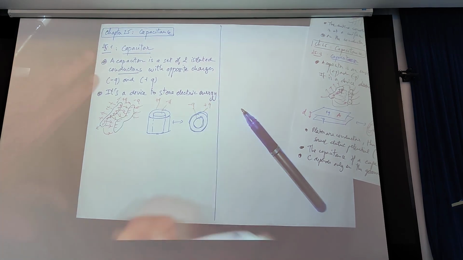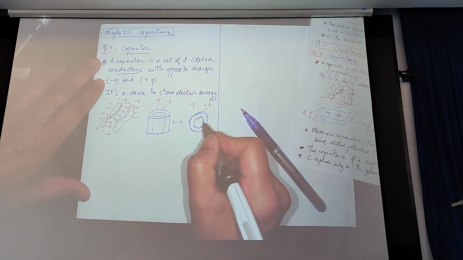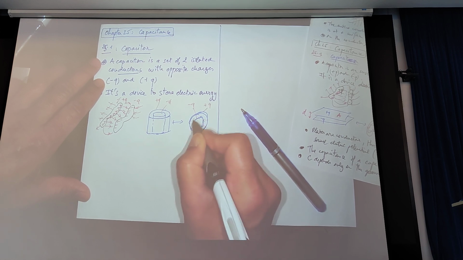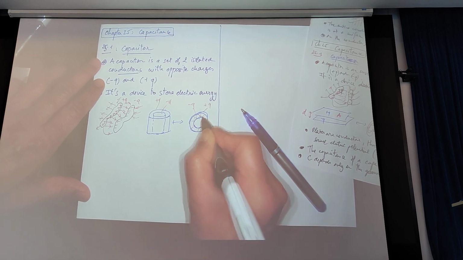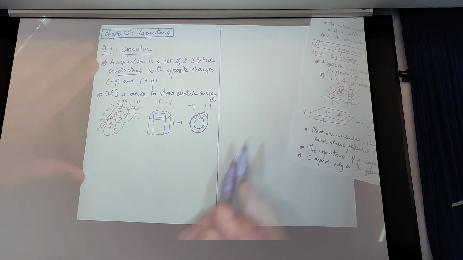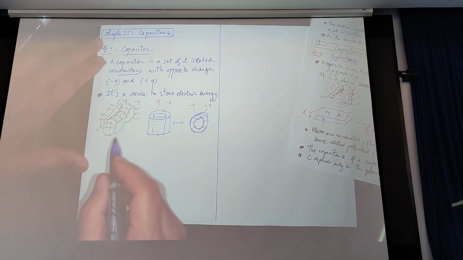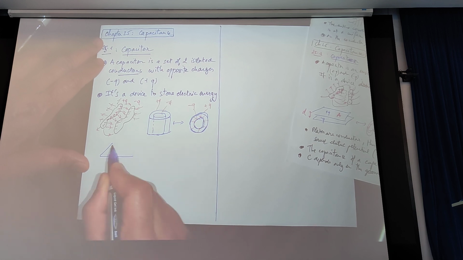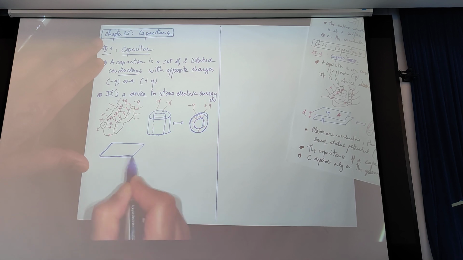And of course, the simple capacitor is composed of two plane conductors.